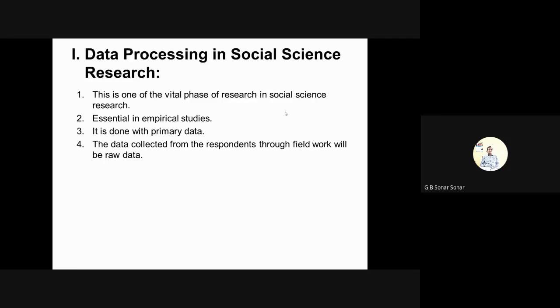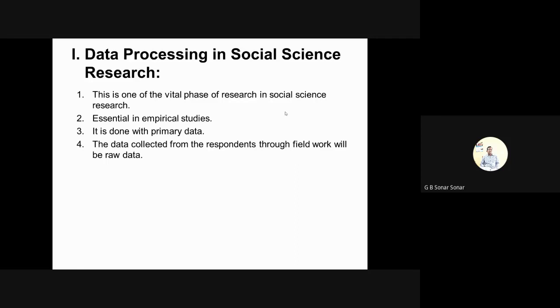Raw data is the data which will have possibilities of having some errors in the primary data we have collected. So while collecting data, due to some human errors or some unusual errors, there are possibilities of recording the data with certain errors.